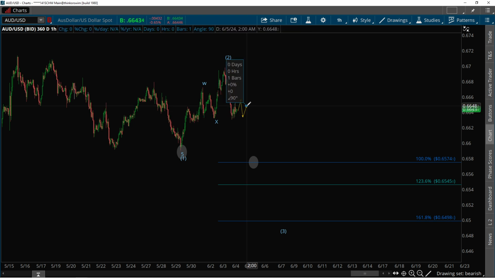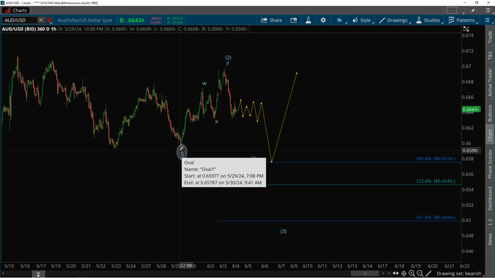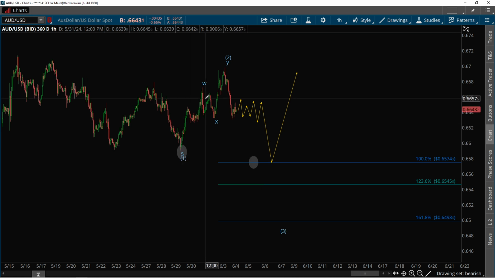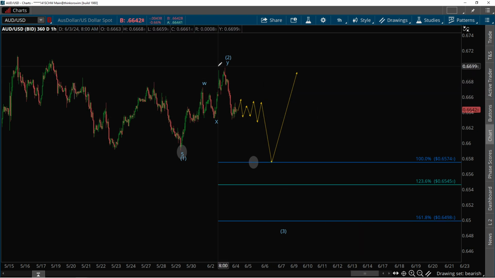Kind of get a little messier, and you're building out a larger ABC, right? And then, since this wave down here, you would basically be looking for a flat correction, right?